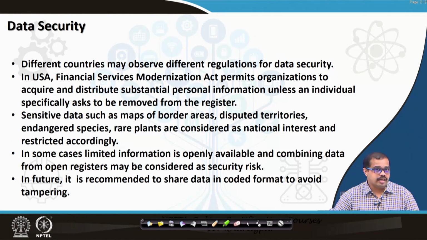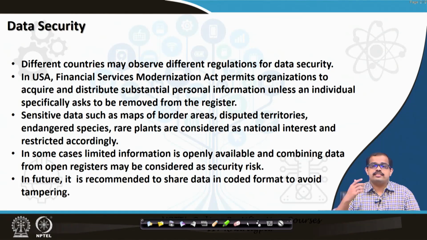And when you are looking at data security, you can find a huge number of security concerns or rules that have been put forth in terms of data production. In some cases, limited information is openly available, and combining data from open registers may be considered a registry and security risk. So, be careful with this.